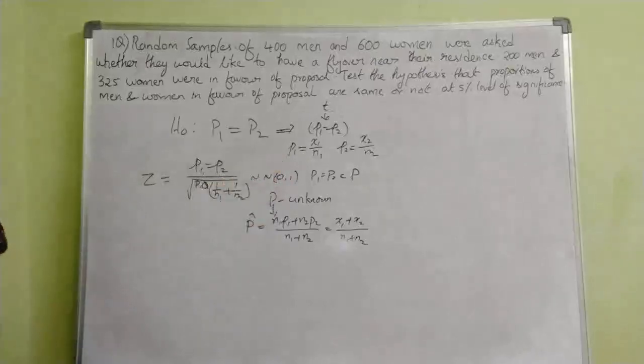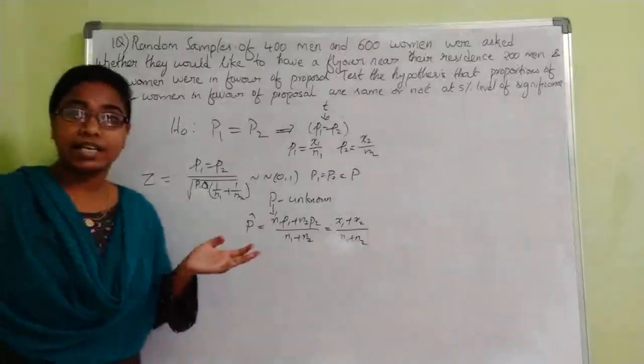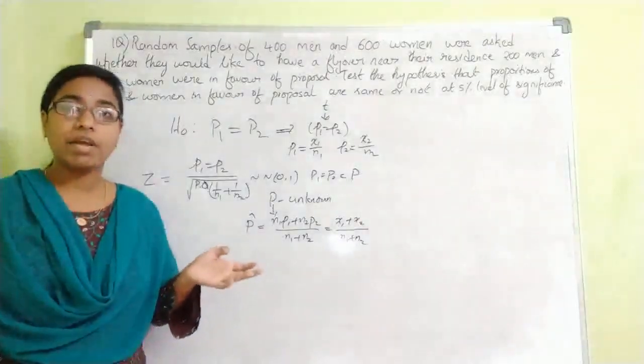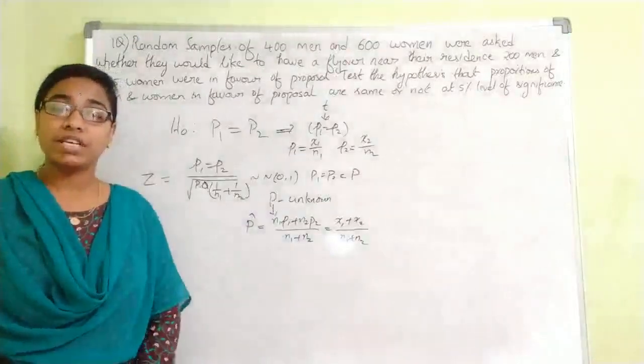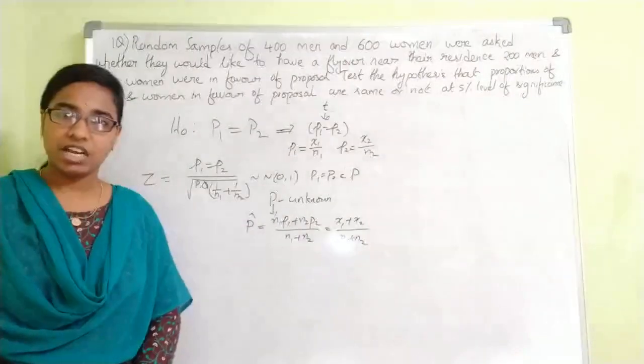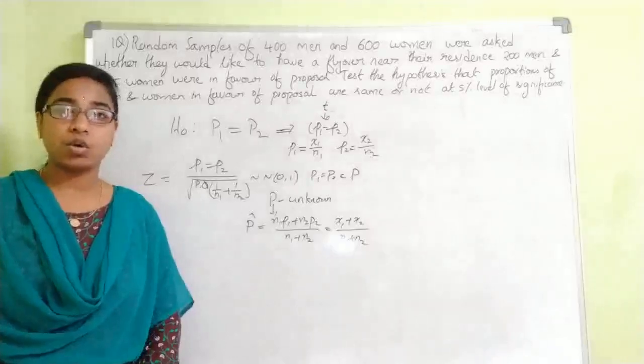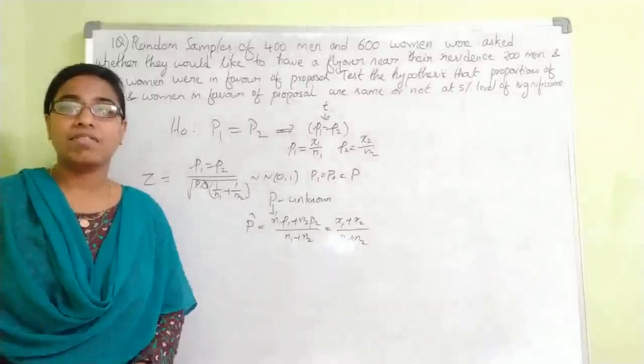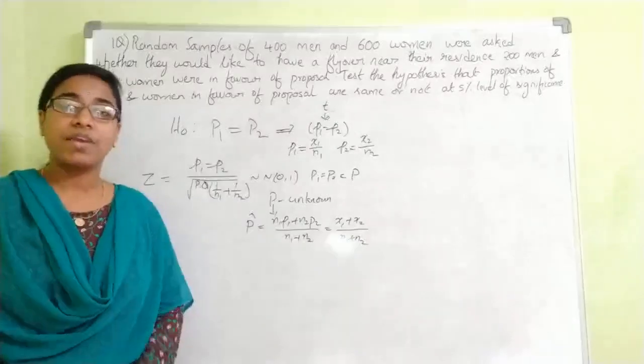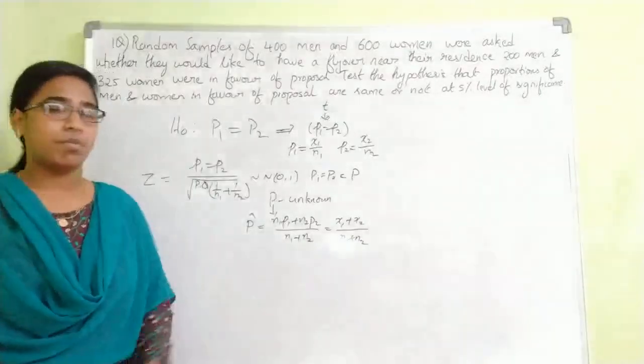This is our test statistic, and the conclusion is the same. If mod Z calculated is greater than Z tabulated at alpha percent level of significance, then we reject our null hypothesis. Otherwise, if mod Z calculated is less than or equal to Z tabulated, we accept our null hypothesis.